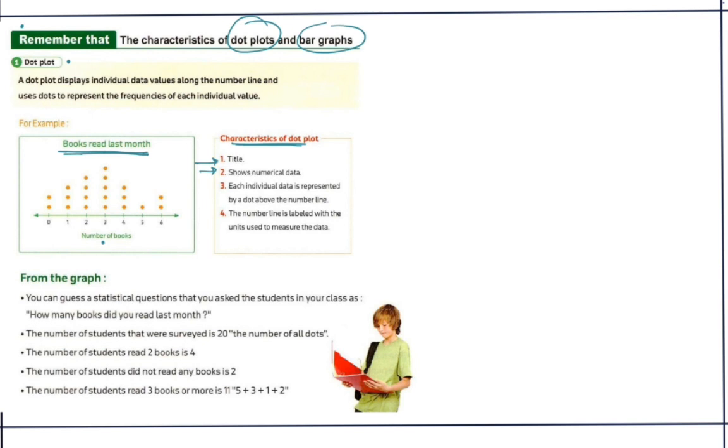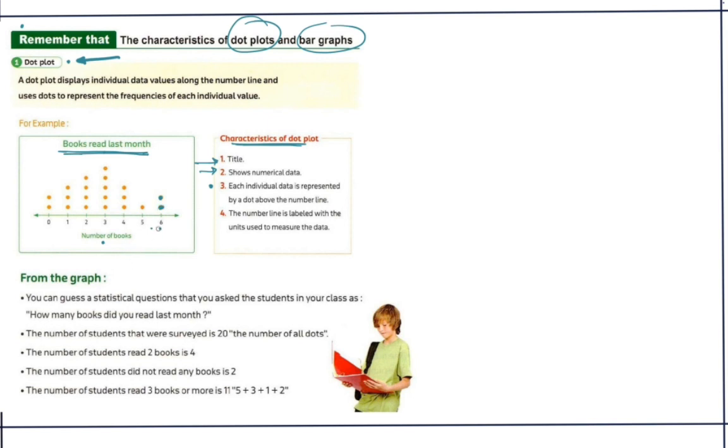It shows numerical data. When you have numerical data, use what? Use a dot plot. Now, each individual data is represented by a dot. What does this mean? That means this dot represents an individual data: just one student reads 6 books and another one reads 6 books.